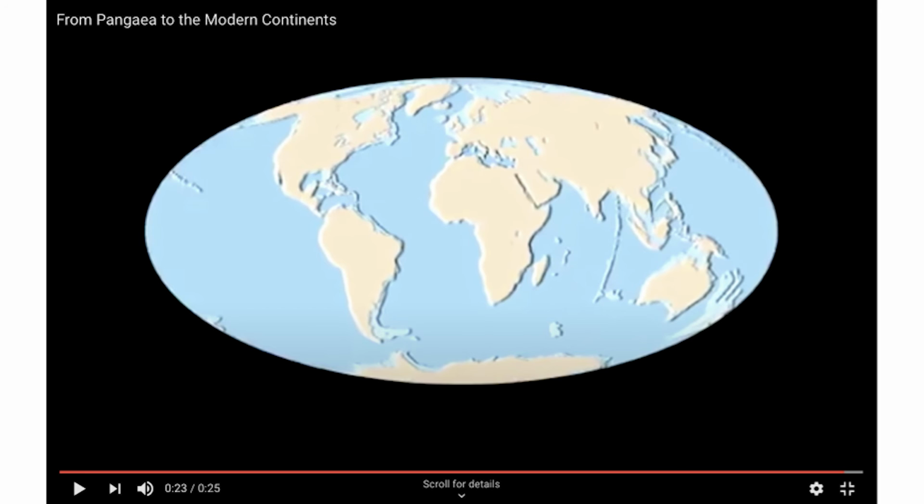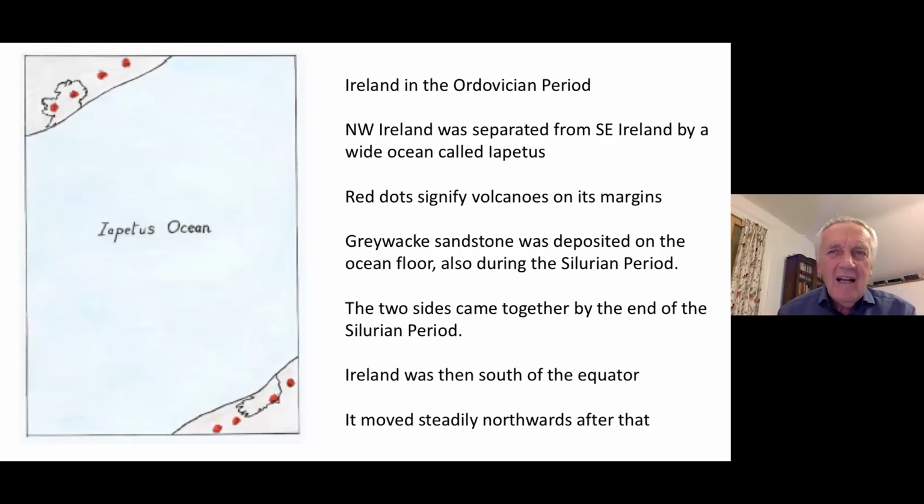During the Ordovician period, something is interesting with regard to Ireland, and that is that the north and northwestern half of Ireland up here was separated from the southeastern part by a huge ocean, a bit like the Atlantic. And the red dots signify the positions, as it were, of volcanoes, like the volcanoes around the Pacific.